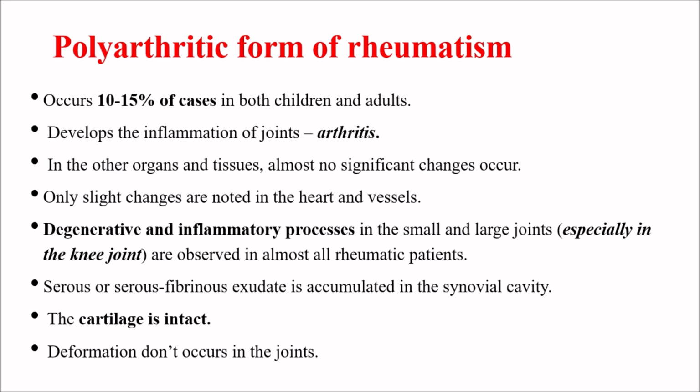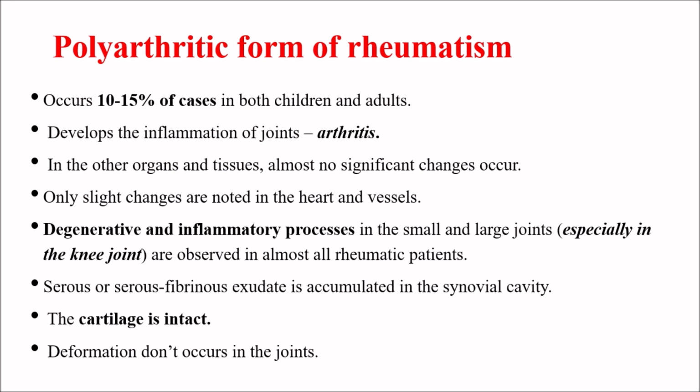The next form of rheumatic fever is the polyarthritic form. As is clear from the name, in this form many joints are affected. It occurs in 10 to 15% of cases in both children and adults. Inflammation of the joints, arthritis, develops. In the other organs and tissues, almost no significant change occurs.